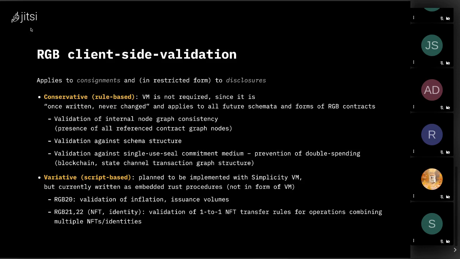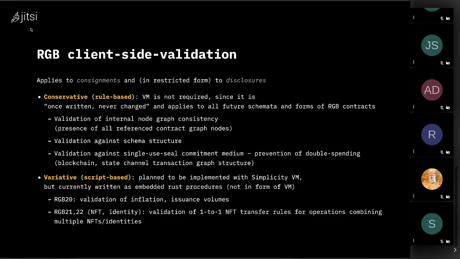It's not schema specific; it's above the schema level, part of the core library. The conservative part of the validation includes procedures such as validation of the internal graph consistency inside the state transitions, and that everything referenced inside the consignment is present within the consignment, so it has full data. It's a simple form of validation.